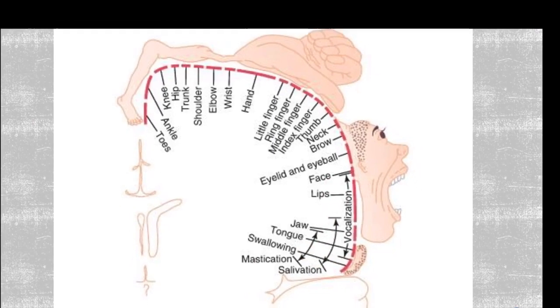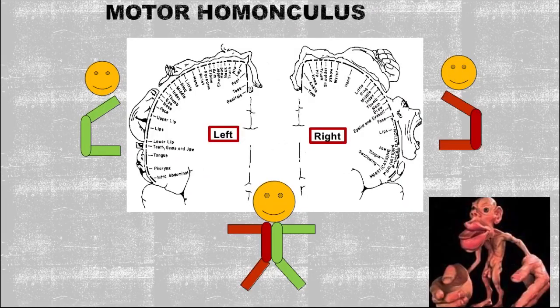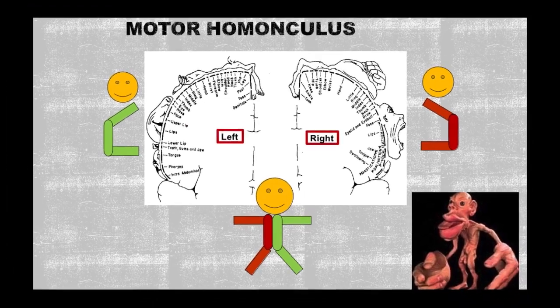So if we compare the representation of the parts of the body on the motor cortex with respect to their proportion, this is how the body appears. The maximum representation is of the arm, the hand muscles, and the facial muscles. That is called the motor homunculus.